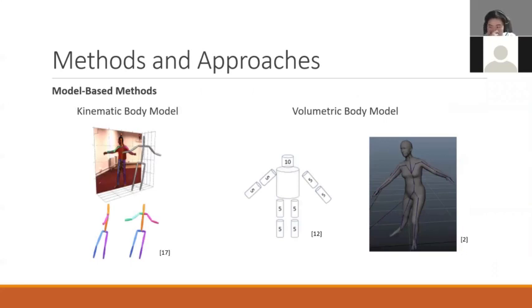Now for the model-based method, there are two types of models, kinematic and volumetric. The kinematic body model is a skeleton-like representation that is made up of bones and joints with kinematic constraints. The volumetric model can recover a high-quality human mesh, providing extra shape information of the human body.